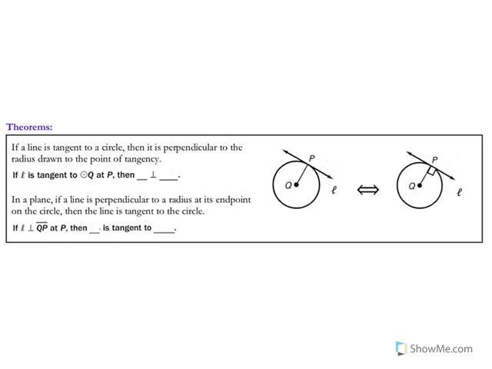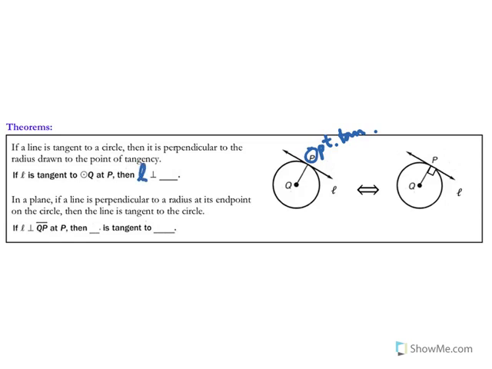If a line is tangent to a circle, then it is perpendicular to the radius drawn to the point of tangency. Okay, so we're going to look at this example. I've got a picture drawn for you over there on the right. If the line L is tangent to circle Q at P, so P is my point of tangency, right here at P, and L is tangent to the circle, which means it only hits once, then what 2 things are perpendicular?